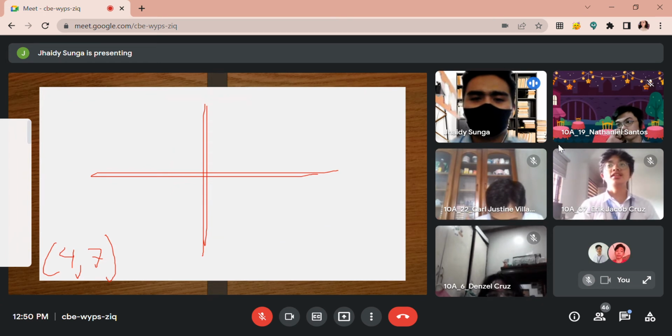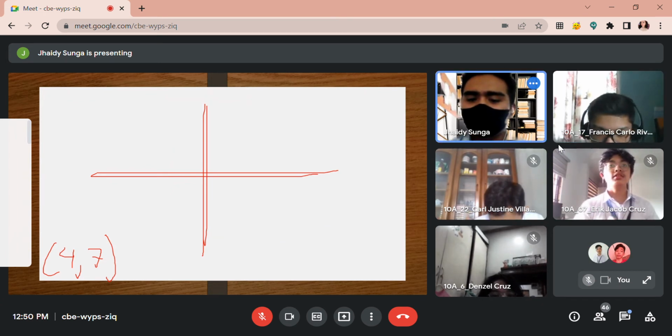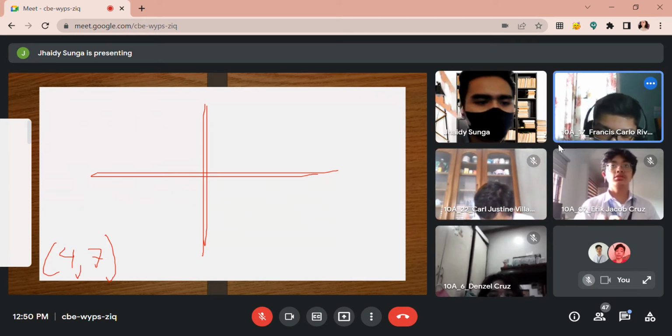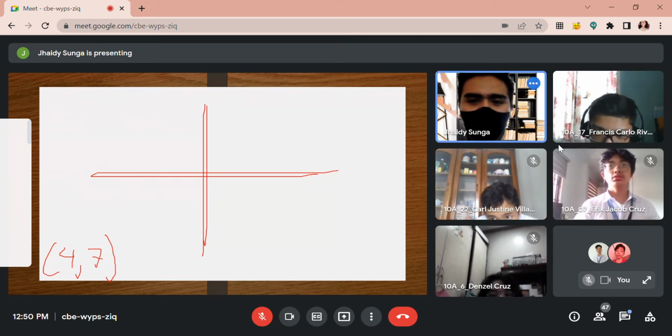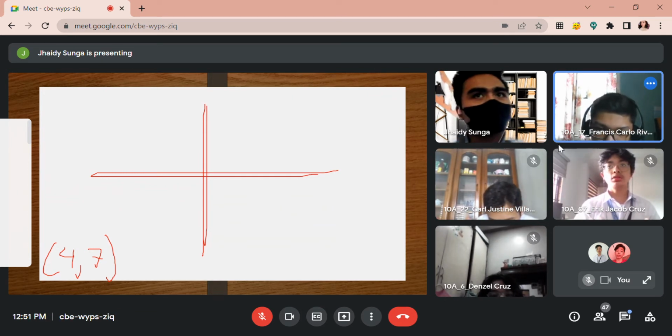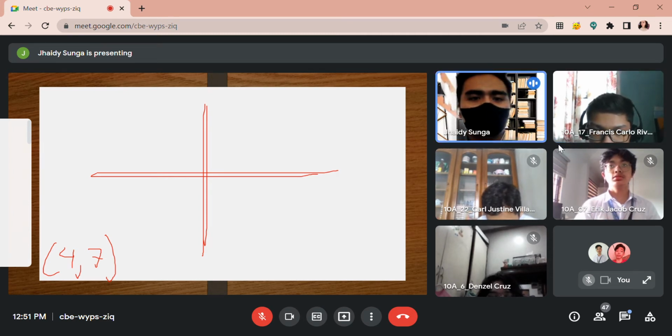Alright. So would you mind to tell how are we going to plot 4 and 7? I think we will identify first which quadrant it belongs to. Then after that, we will rely on the numbers of the x and y axis. Alright, so how are you going to rely?